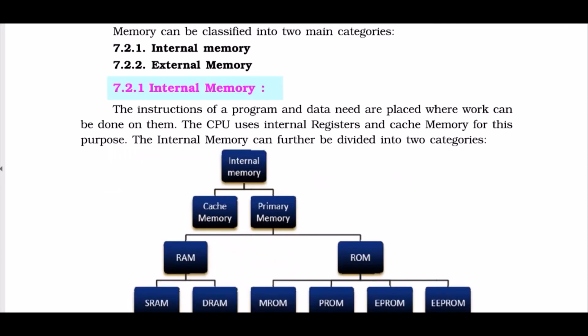The internal memory holds the instructions of a program. Now, whatever you are running on a computer or on your smartphone, the program and data need a place where work can be done on them. Correct? The CPU uses internal registers and cache memory for this purpose.